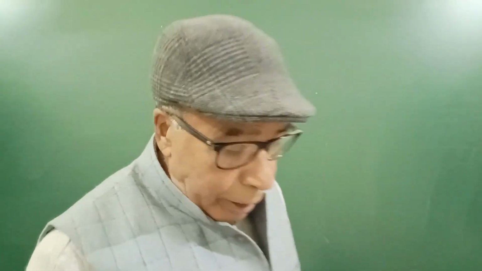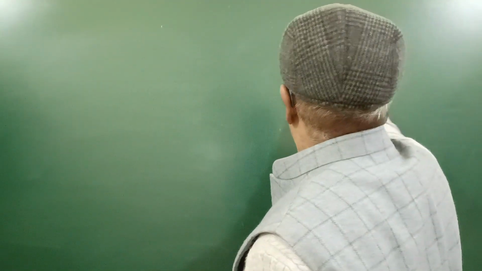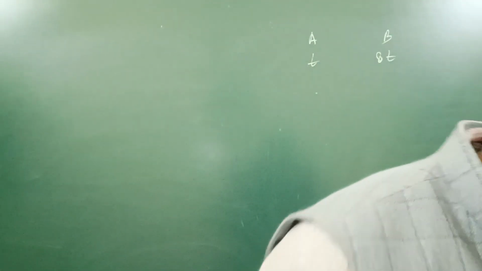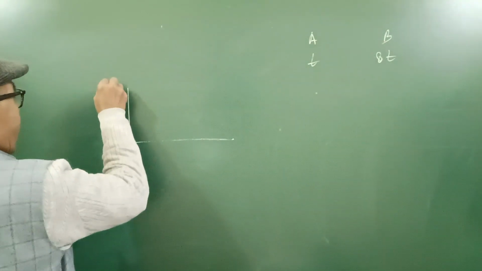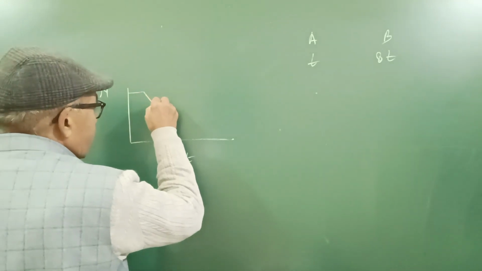There are two radioactive samples in a given radioactive material, A and B. The half-lives are T and 5T. For A, the half-life is T, and for B, the mean life is 5T. Now plots are made of total number of radioactive nuclei as a function of time t, as a graph of N and t like this.